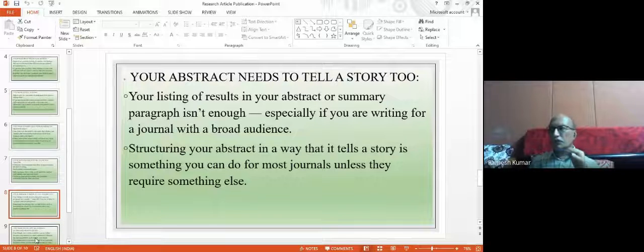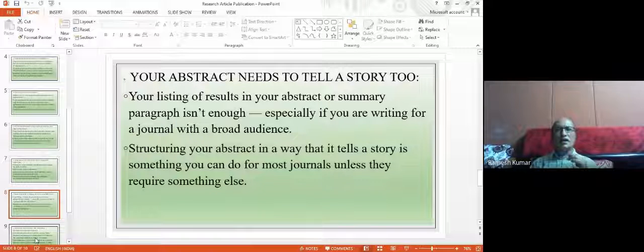So whatever you wanted to tell, whatever your initial idea is, always try to remember: when you have identified a problem initially, then itself you write down the points you want to do. Those things should give you a clear idea about what your research is going to be. Based on that, you write your abstract.